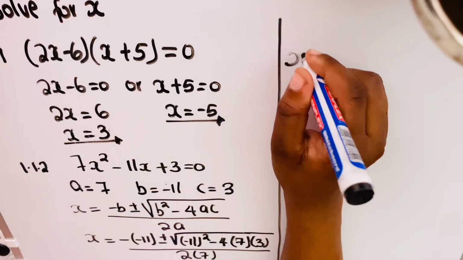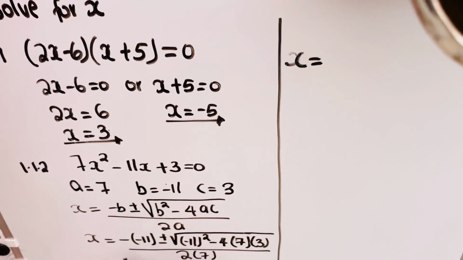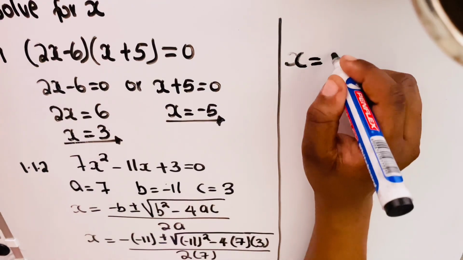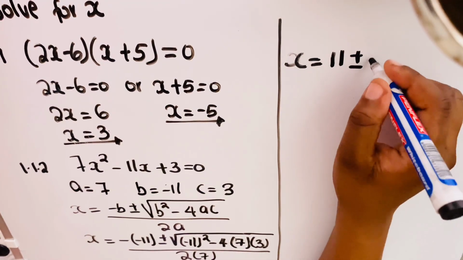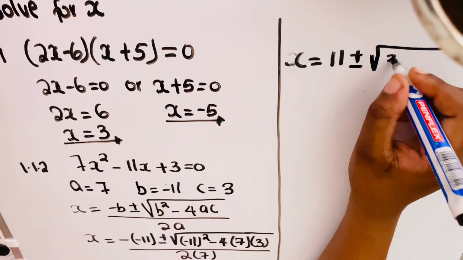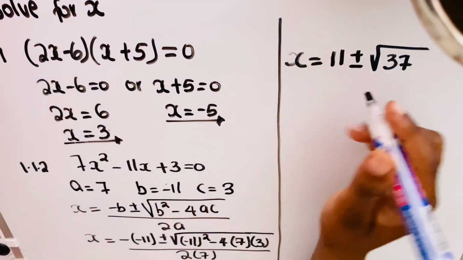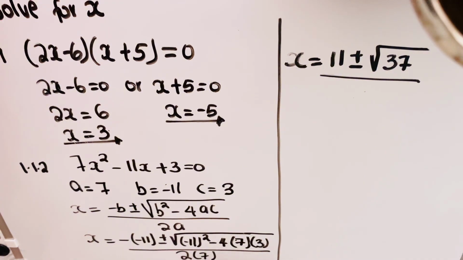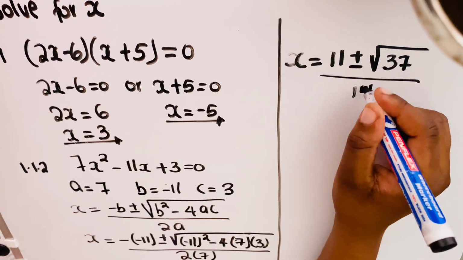So simplify further here. Negative into negative is positive 11 plus or minus root. Negative 11 all squared is 121. Then 21 times 4 is 84. So 121 minus 84 is 37, all over 2 times 7 is 14.